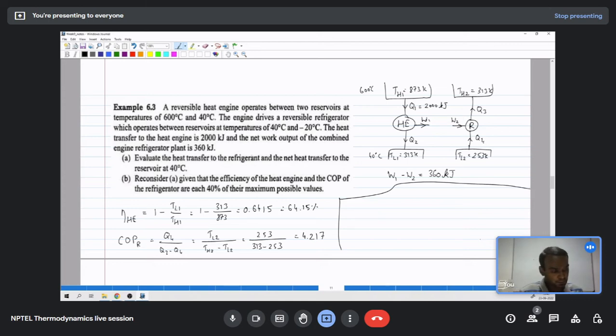Now to calculate the work W1 given by the first heat engine, we have Q1 into efficiency, where Q1 is 2000 kilojoules and efficiency is 0.6415. So that means W1 is 1283 kilojoules.